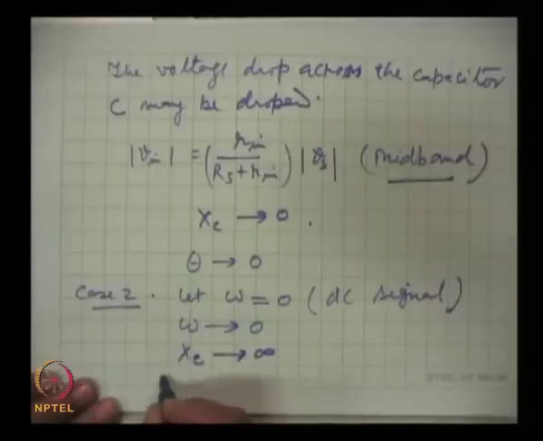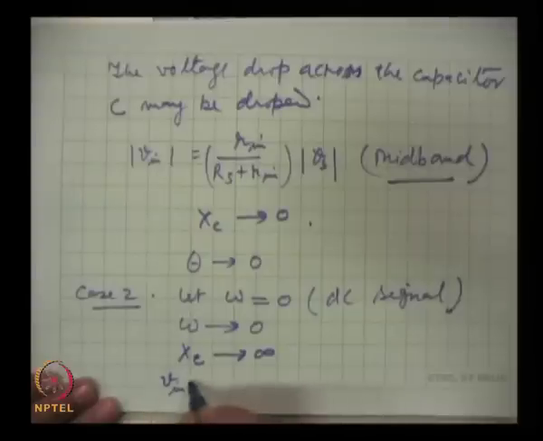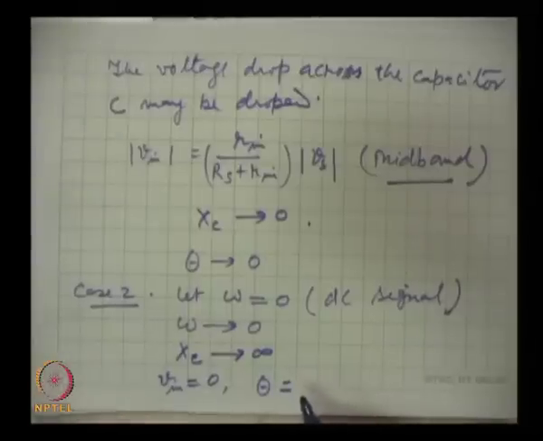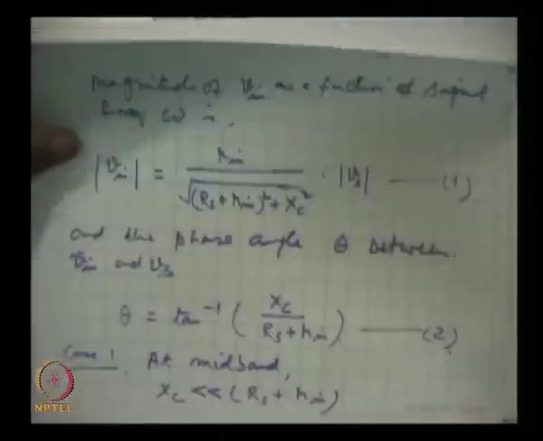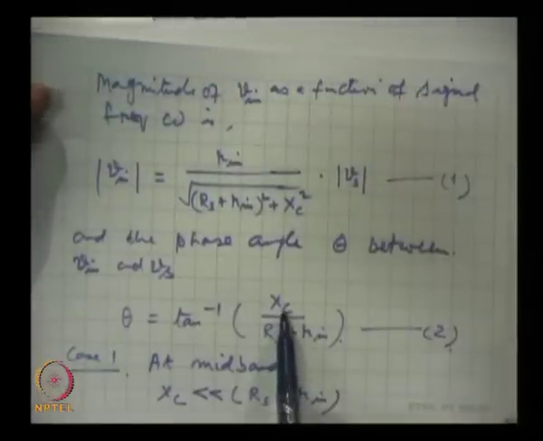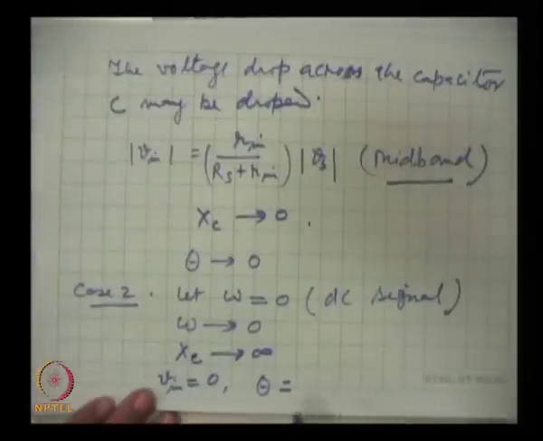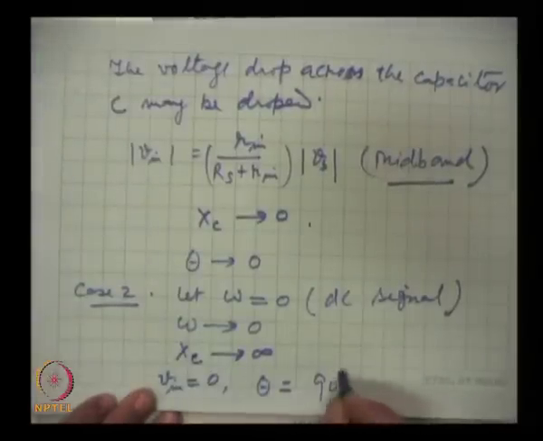So V in, the signal which is going into the amplifier, will be 0 and the output signal will also be 0, and theta, the phase angle, if we substitute Xc as infinity, comes out to be 90 degrees.